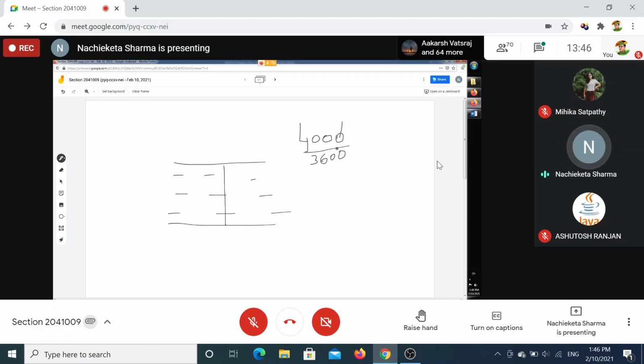That will be 10 by 9 meter per second. So the swimmer speed in still water is 10 by 9 meter per second.